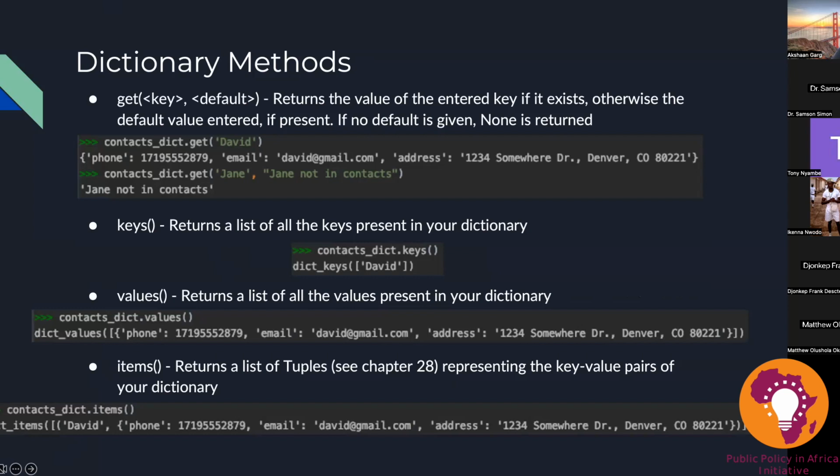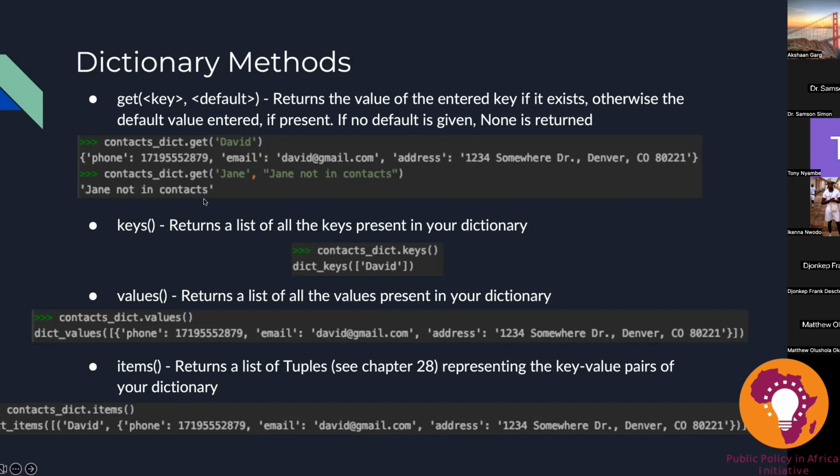So, dictionary get. So what get does is you can use a key, right? If you use just the square brackets, you have a chance of getting an error if you use a key that is not available to you, right? So what if you want to do something a little safer?